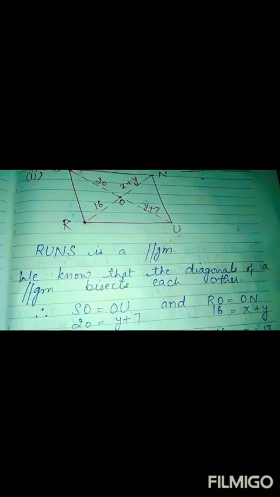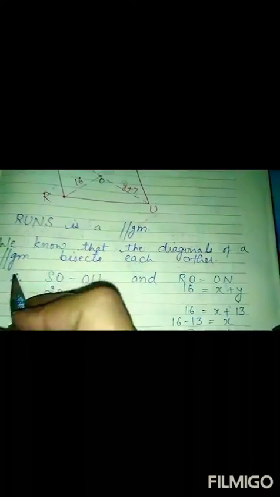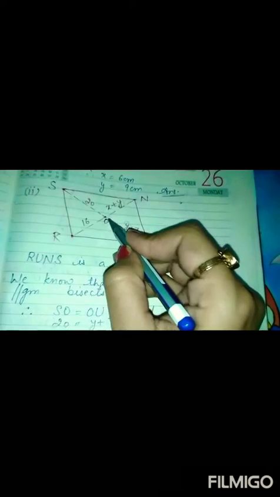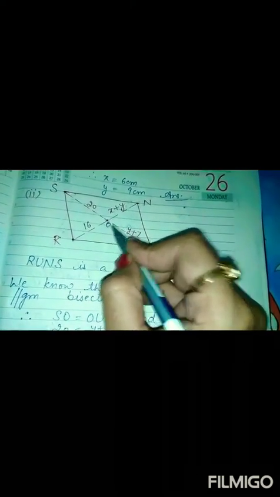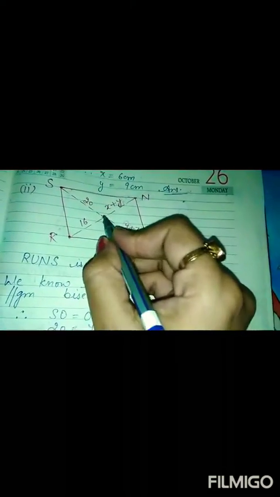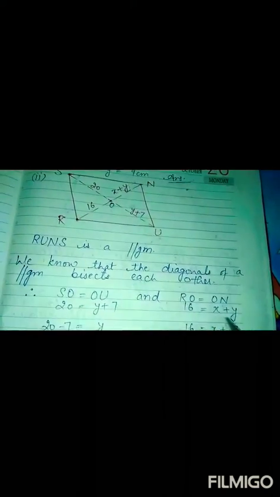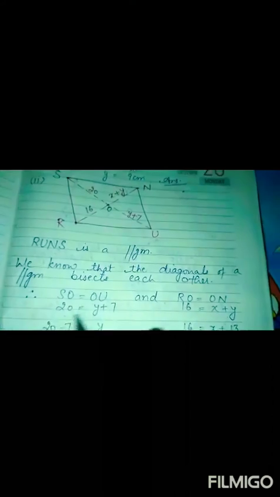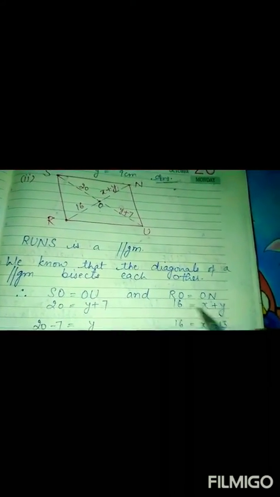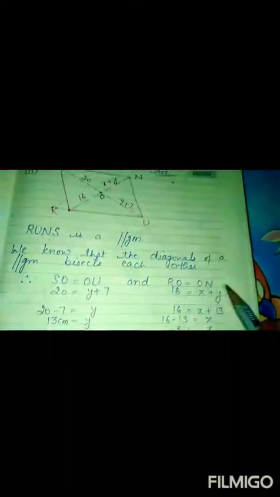We know that the diagonals of a parallelogram bisect each other, and SU and RN bisect at point O. We have to let it as point O. So therefore SO equal to OU, RO equal to ON. Put the given values. SO 20 equal to y plus 7 and 16 equal to x plus y.